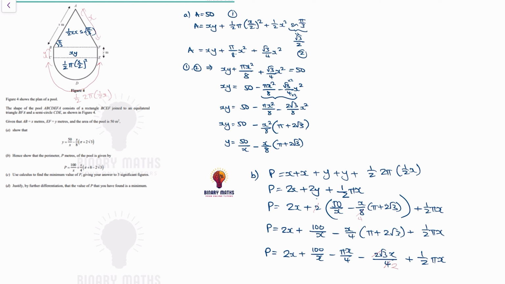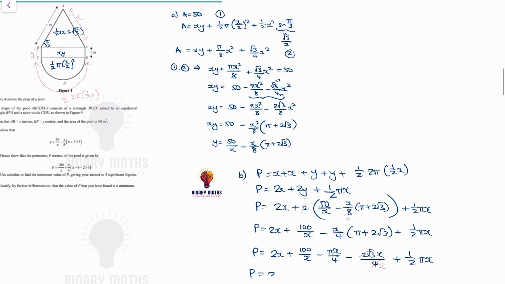Okay, so that means I've got p is equal to 2x plus 100 over x minus root 3 over 2x.